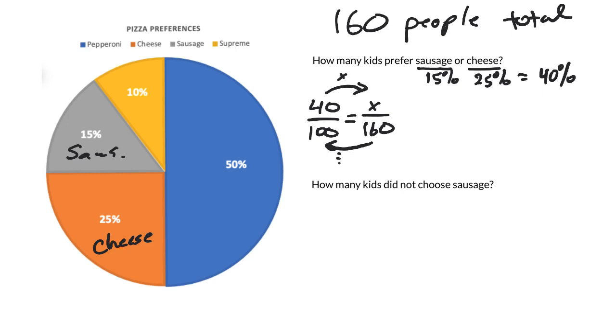So, when I type that in my calculator, 160 divided by 100, I get 1.6. That's my connecting number. So I'm going to multiply 40 times 1.6 to find my x value. How many kids like sausage or cheese? And when I type that in, I get 64 kids like sausage or cheese.